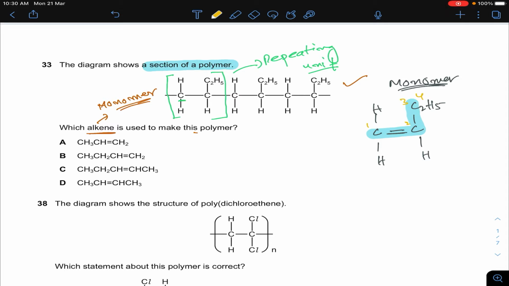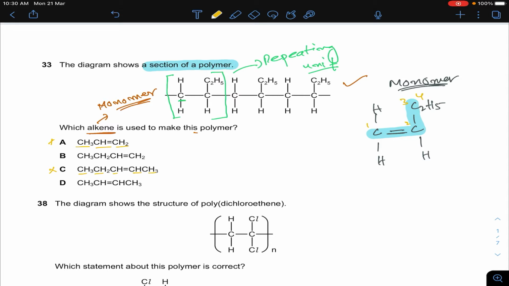Option A is not correct because it only has 3 carbon atoms. Option C cannot be correct because it has 5 carbon atoms. Now it is either option B or option D.